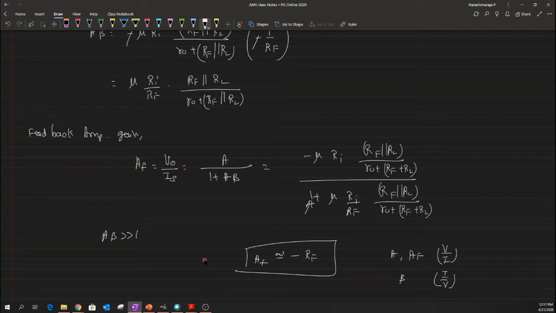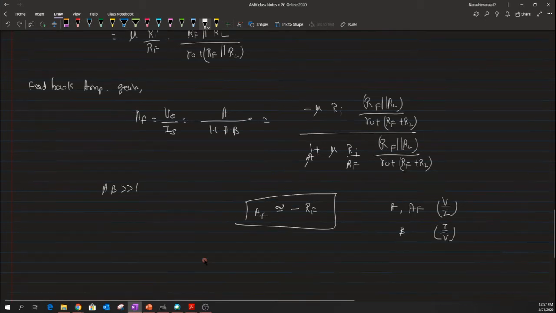So, there is something that I forgot to mention even in the previous class. The loop gain is always supposed to be a unitless quantity. In this case, when I multiply A, which has a unit of V by I, and beta, which has a unit of I by V, these units cancel each other, and we get a number out of this A beta.